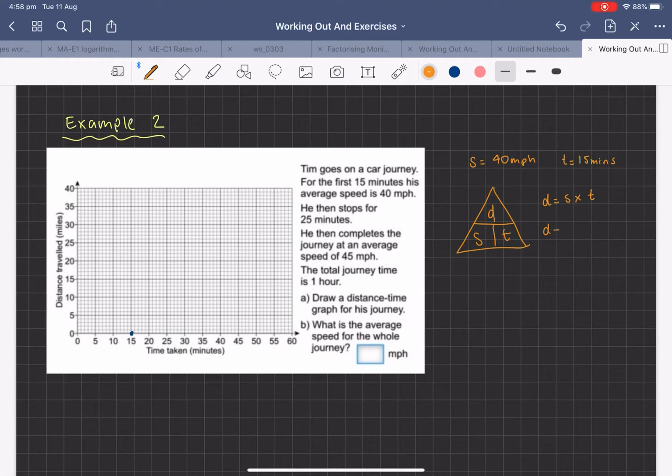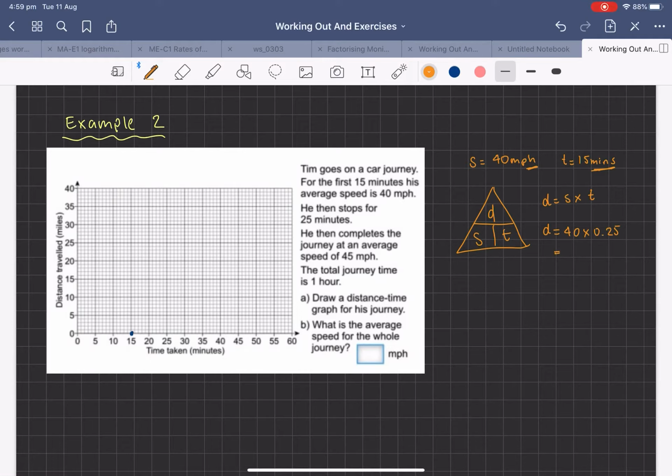Now, I can't just do 40 times 15 because this is per hour and this is in minutes. So remember, 15 minutes is 1/4 of an hour, or 0.25.